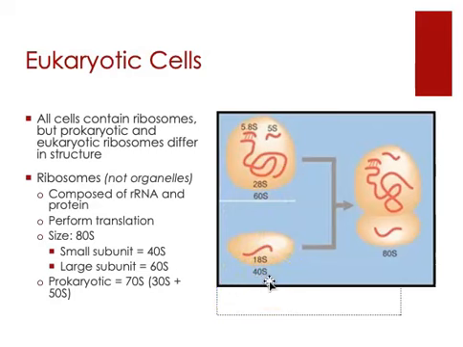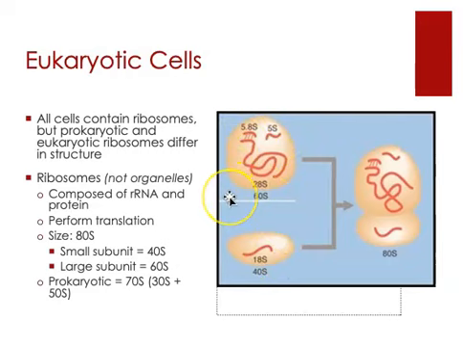The S stands for Svedberg units. Those are the units of measure that we use when we describe ribosomes. And unfortunately, Svedberg units are not additive, because when we put the 60S and the 40S subunits together, we get a ribosome that has a total of 80S in it, not 100. So they're not additive.